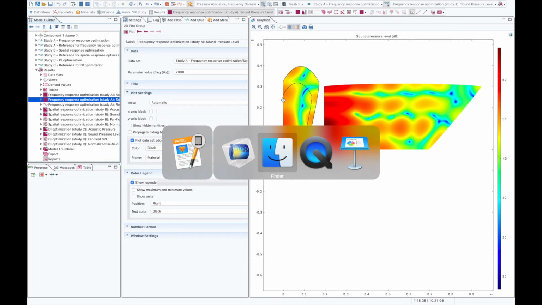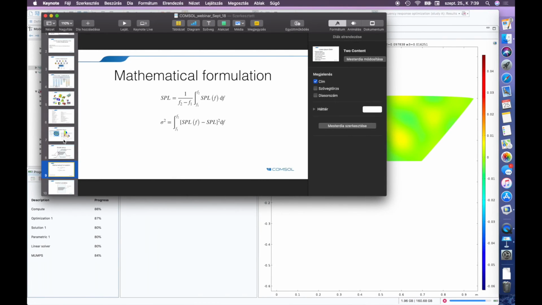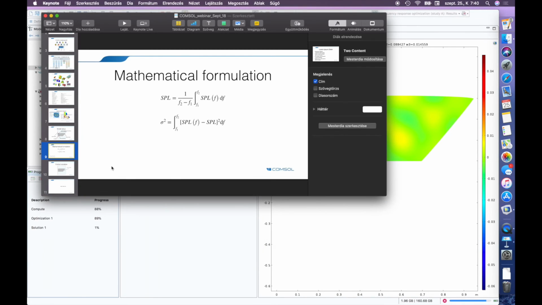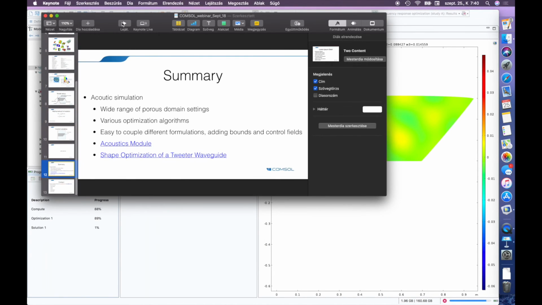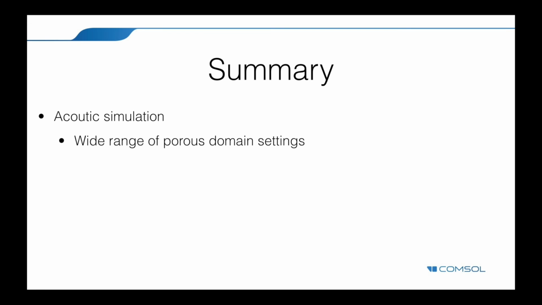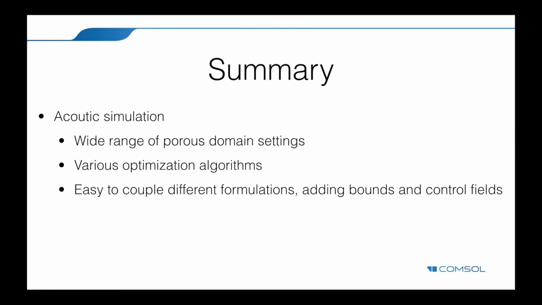So to summarize my points here, we can see that we have several options to set up these so-called porous domains. You can choose from various built-in models. You can choose from optimization algorithms, whether it's a gradient-based or a gradient-free optimization method.